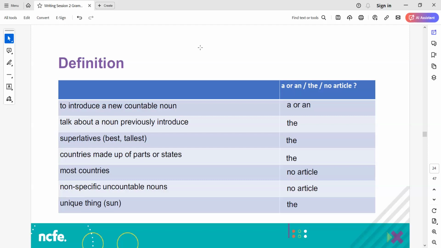So if I want to say, for example, can I have some rice? You could say some rice. That's fine, because then you're referring to an amount.